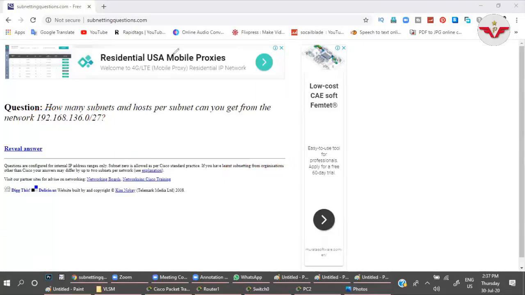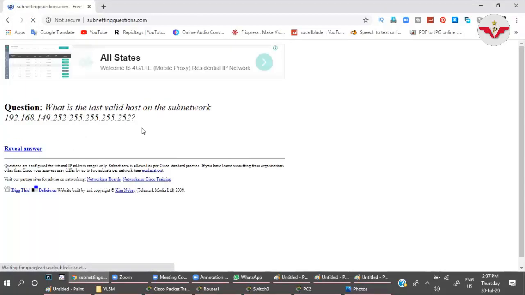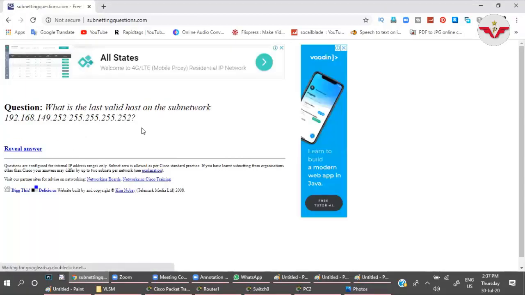Okay, let us come to the next question. 8 subnet and 30 host. What is the last valid host? This is the second last question, and after that I will take the last question.